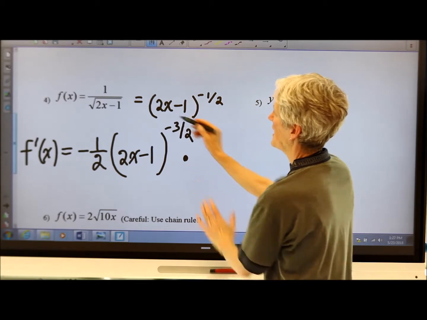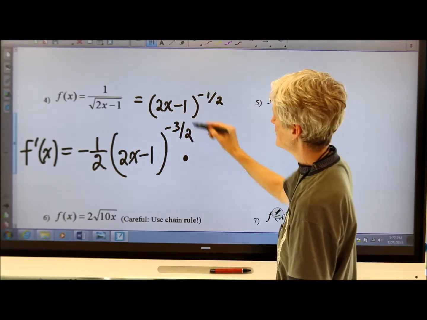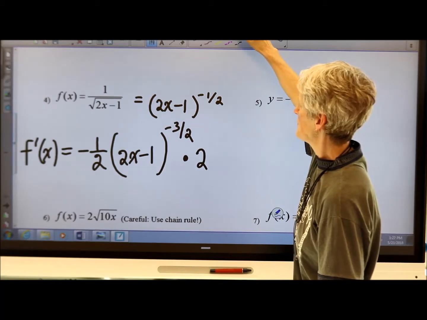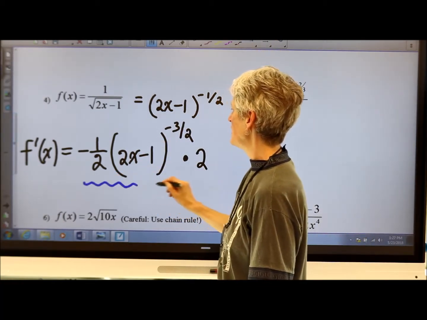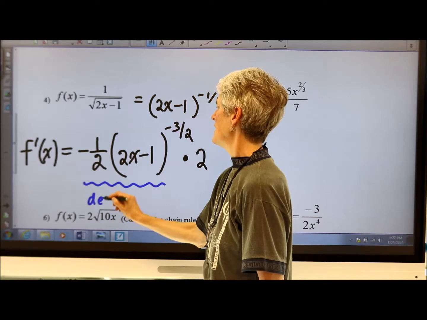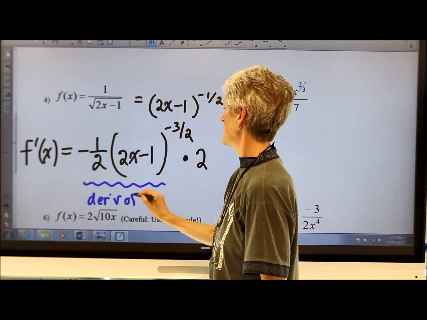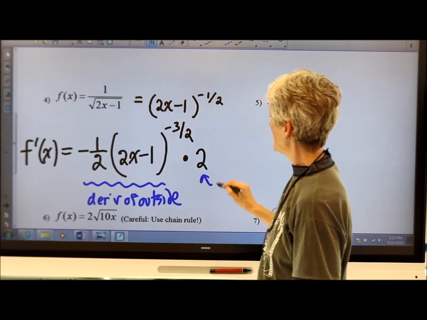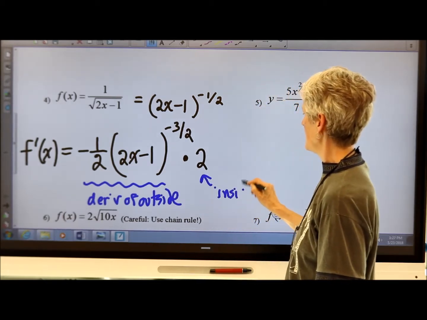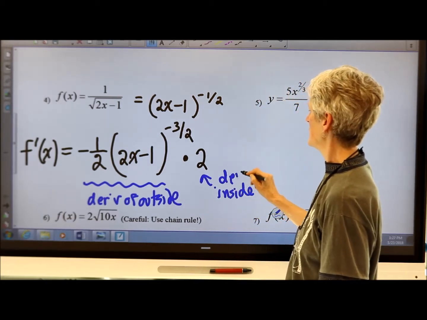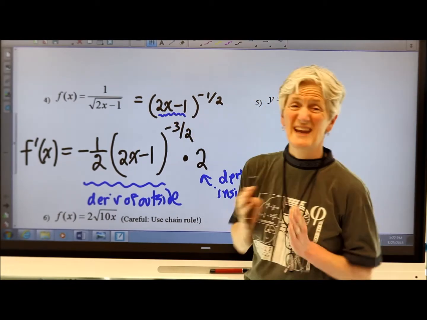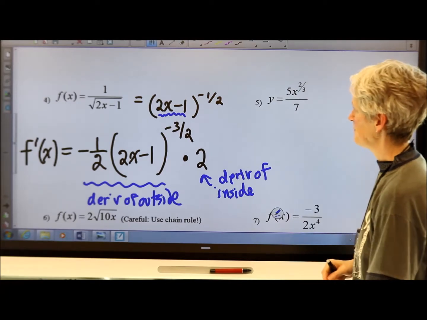Now I have to multiply it times the derivative of the inside, which is 2. Everybody see that? So this is the derivative of the outside, and this is the derivative of the inside. And of course, the inside is the function that was put in as your input.